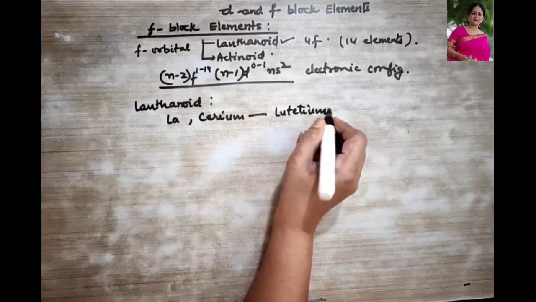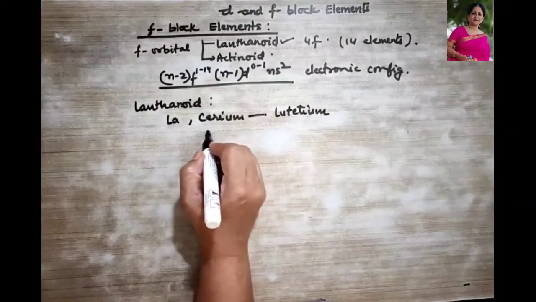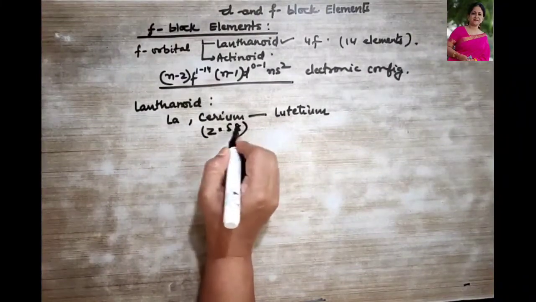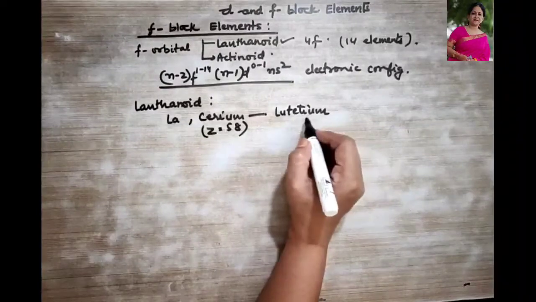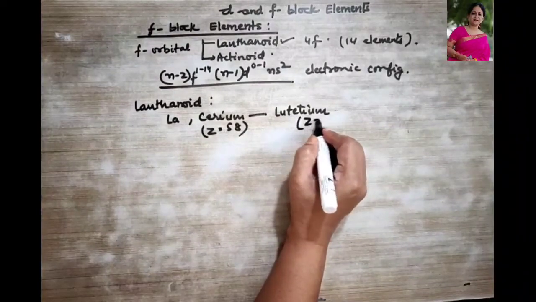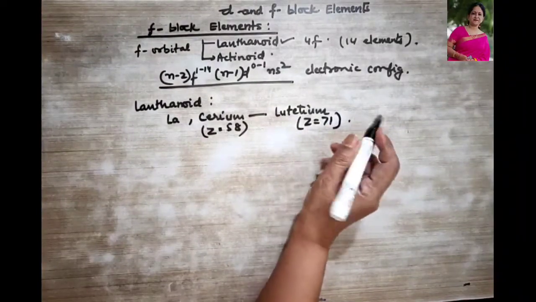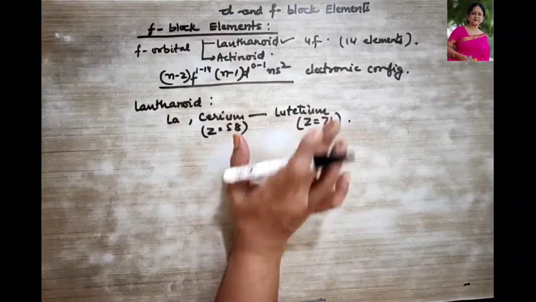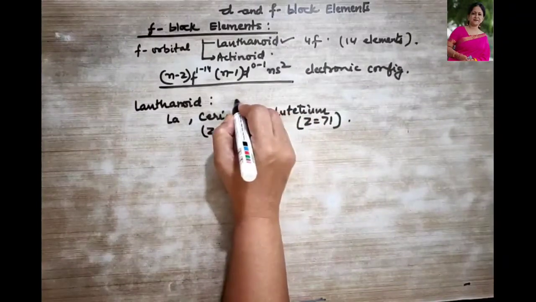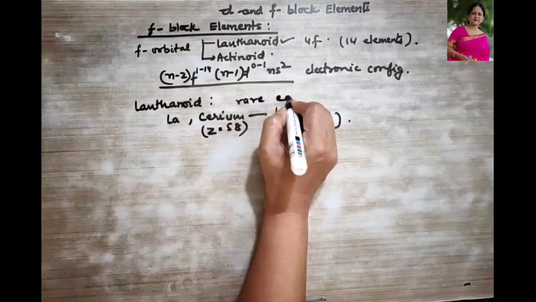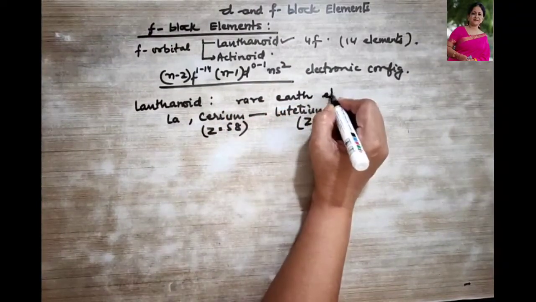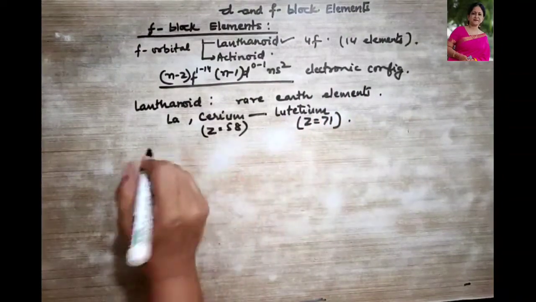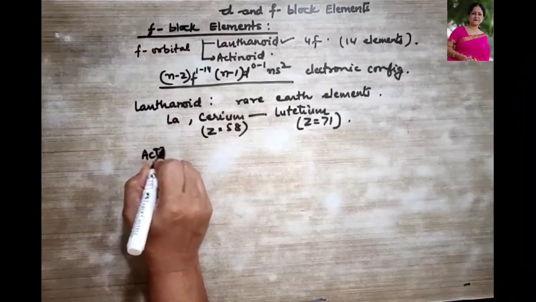The cerium atomic number is 58, and lutetium's atomic number is 71, right? And these are also called rare earth elements. What are they called? They are the rare earth elements, right?